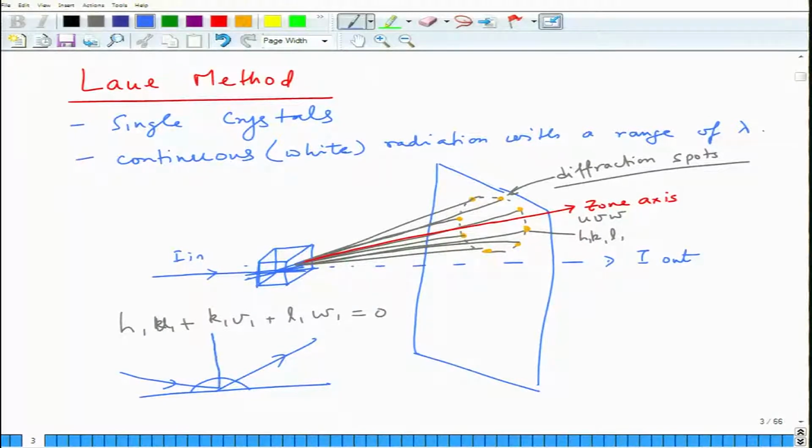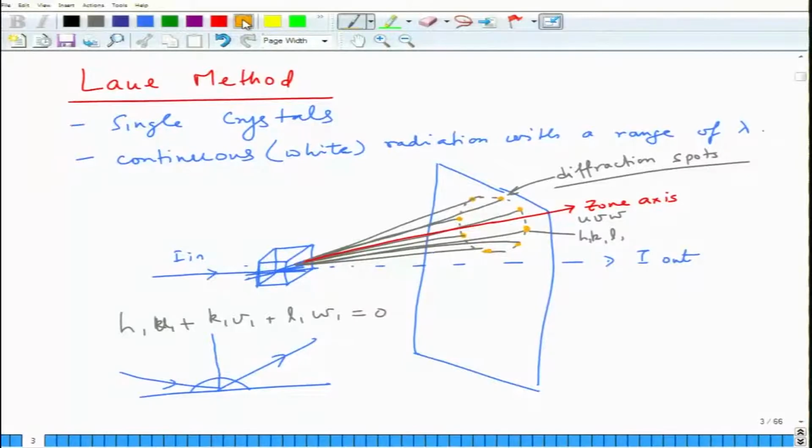Anything for which 2 theta is less than 90 degree, you will have diffraction on the forward side, and for anything which has a diffracted peak with 2 theta more than 90 degree, it will go on the back side. For this kind of thing the cone would be a little bit down, so you will have diffraction taking place nearly close to the incident beam, and this angle is the angle between the zone axis and the diffracted beam.